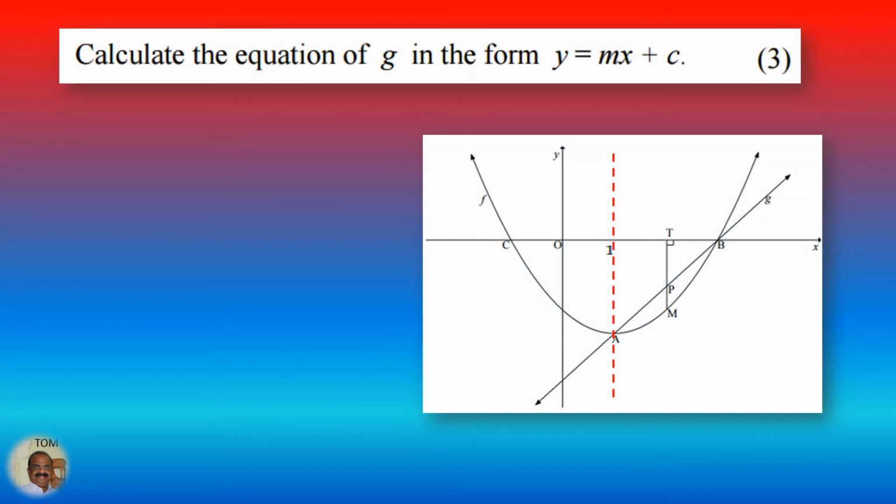Calculate the equation of g in the form y equal to mx plus c. g is a straight line. For the equation of a straight line, we need the gradient.